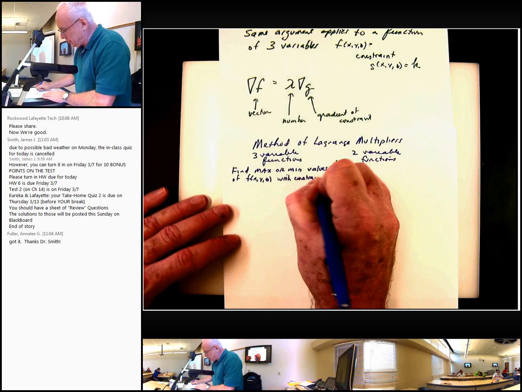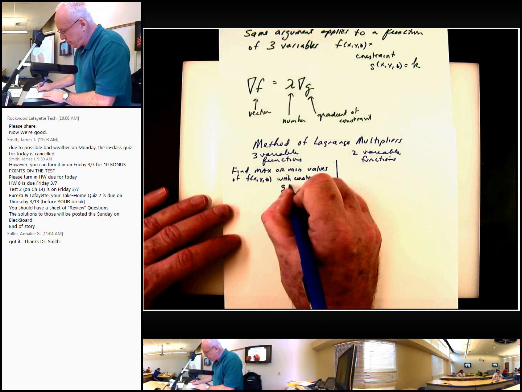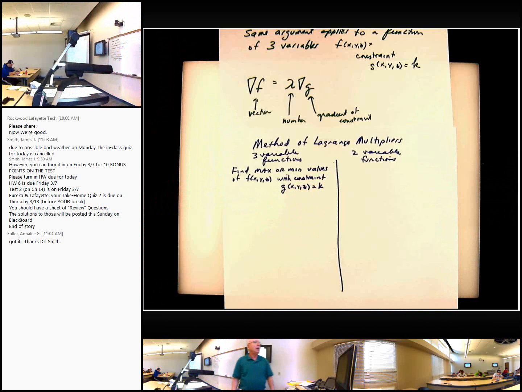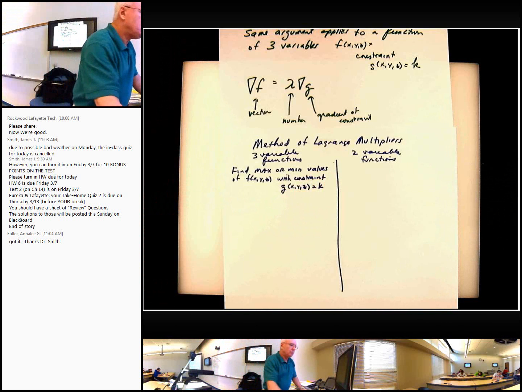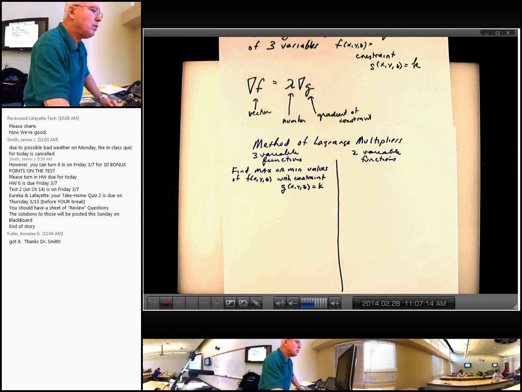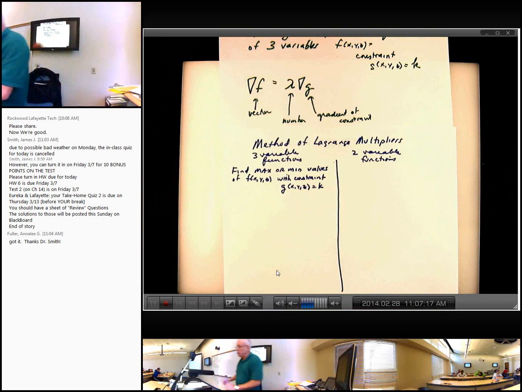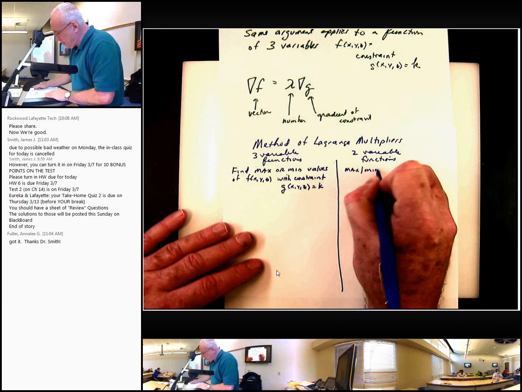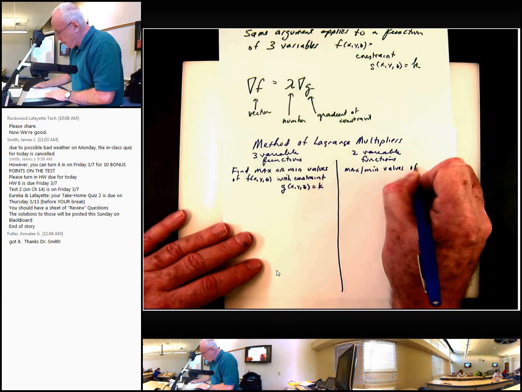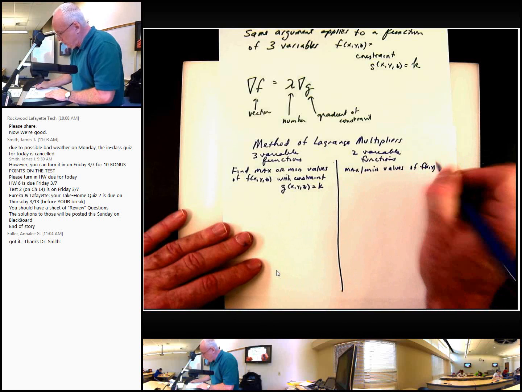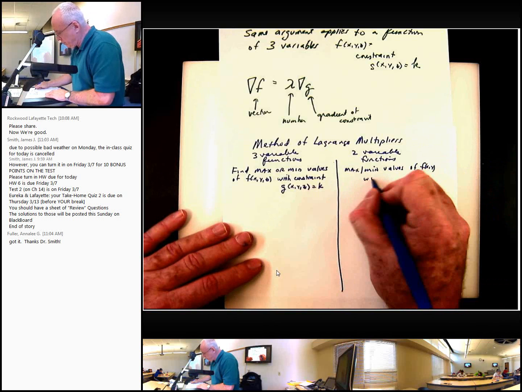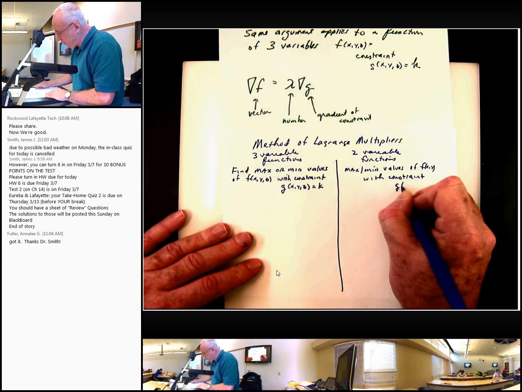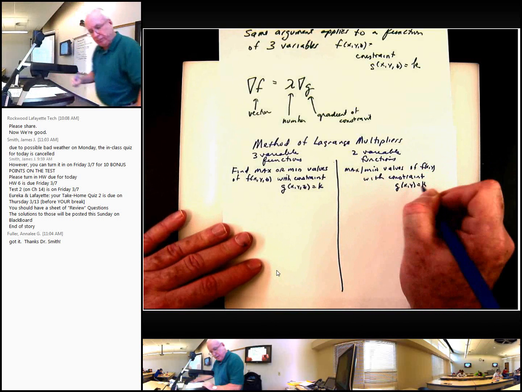I'm calling the constraint function g, g of x, y, z equal to a constant. And for 2 variables, it's max, min values of f of x and y with the constraint, again the g function, g of x, y equaling some constant.